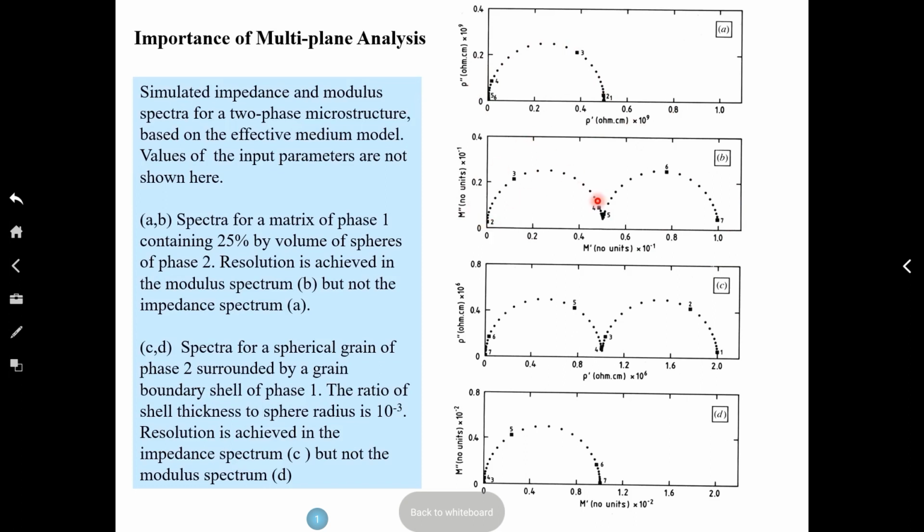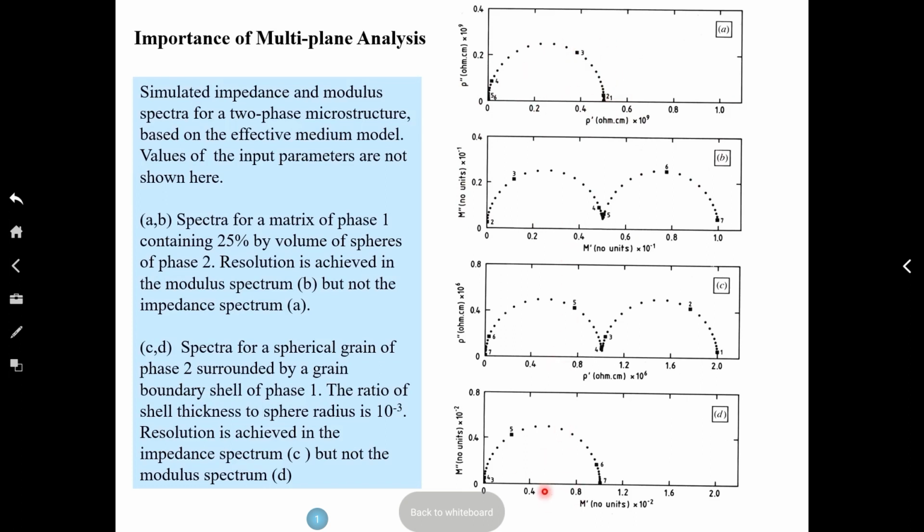And when you convert the data into modulus, it reveals it. Does that mean you have changed the physics? Of course not. All you are doing, by checking the data in another plane, is confirming something that was not clearly revealed in the impedance.